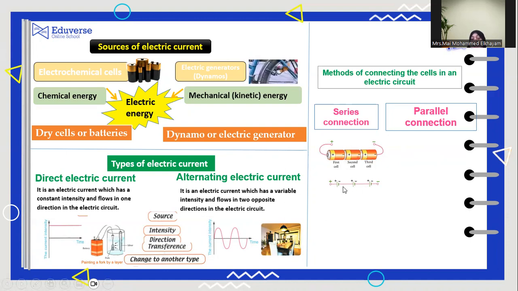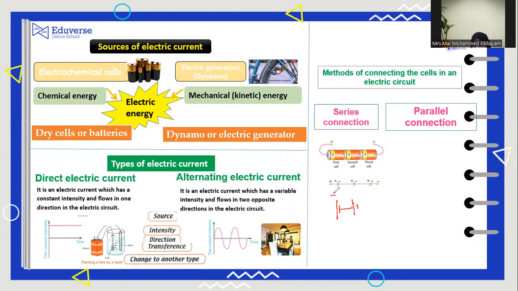And it is symbolized by this. Please pay attention. The positive pole is longer than the negative one. Here, I can draw it like this. Here, I have three cells, positive, negative. Here, no connection. This is one cell. It will be connected to another positive and negative.